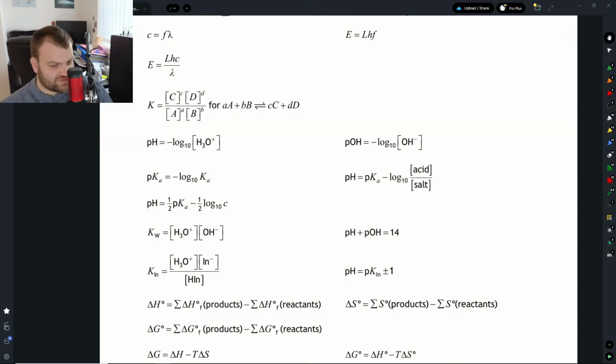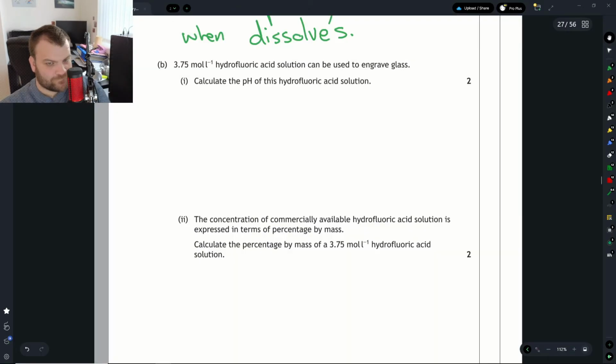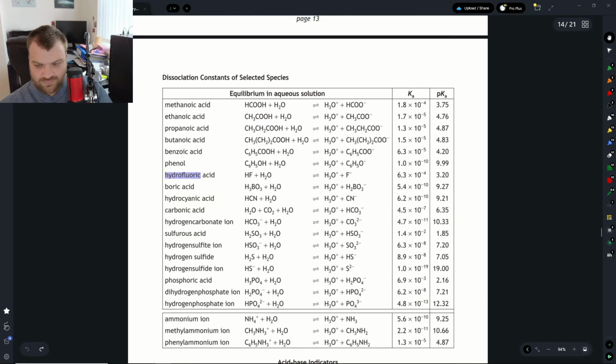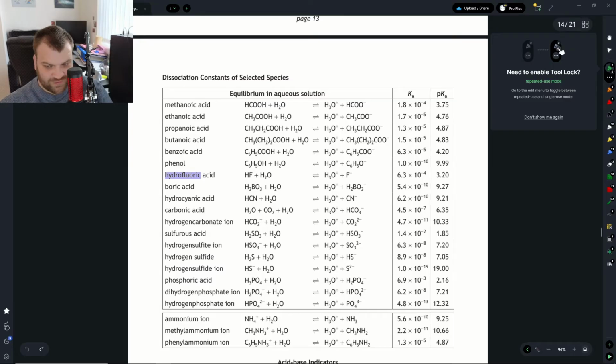For weak acids, we want to use pH equals half pKa minus half log to the base 10 of C. That's pH we want, equal half of. In the data booklet, it should have our pKa that we need. Down to page number 4, that gives us a value of 3.2.